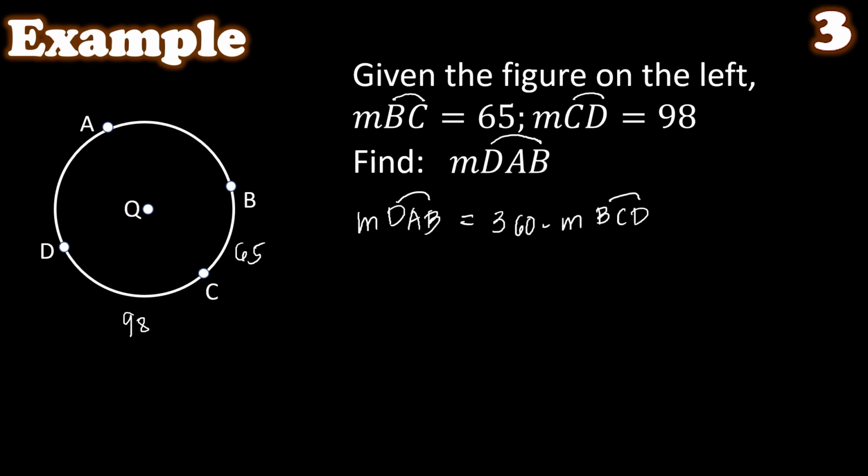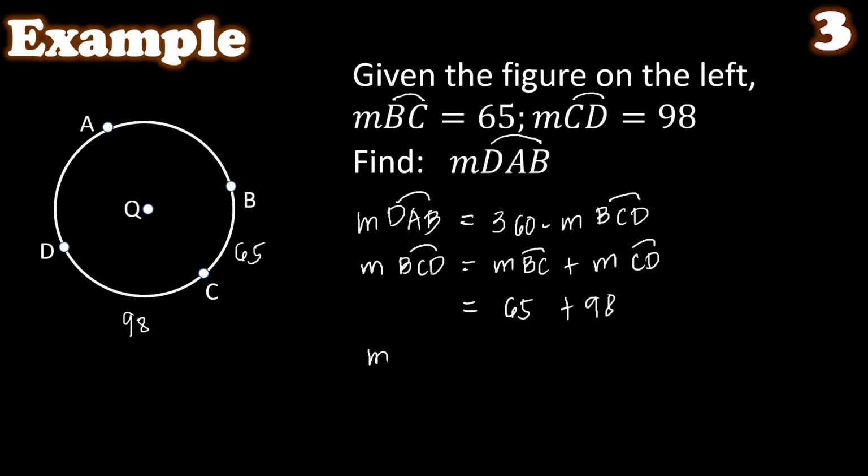From the arc addition postulate, the measure of arc BCD is equal to the measure of arc BC plus the measure of arc CD. And since the measure of arc BC is equal to 65 and the measure of arc CD is equal to 98, then we have the measure of arc BCD equals 65 plus 98, and that is 163.